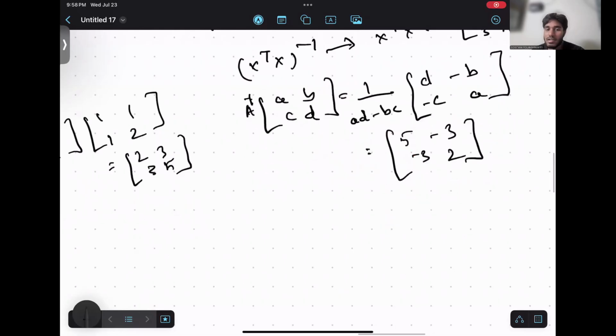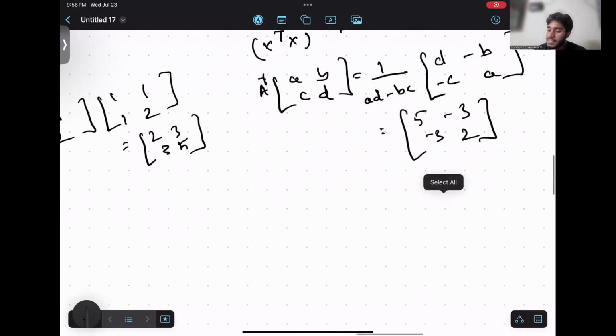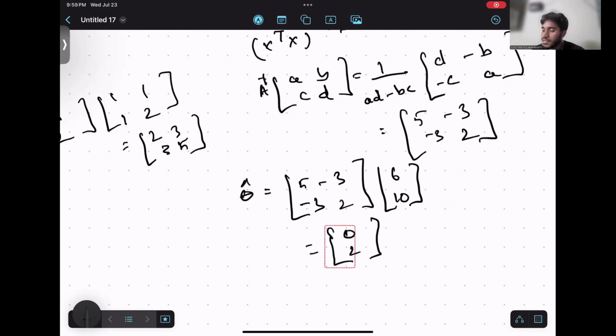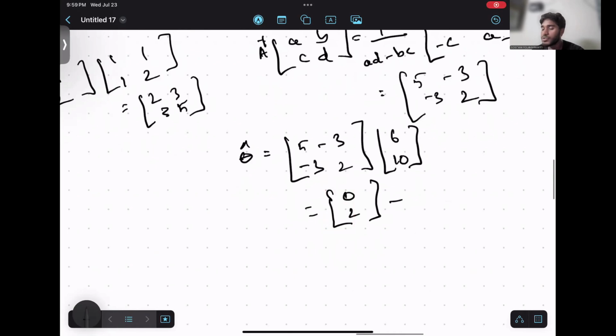Now if we compute theta hat, which is equal to 5, minus 3, minus 3, 2 into 6 and 10, we'll get 0, 2. This is the output, the linear combination weights vector.